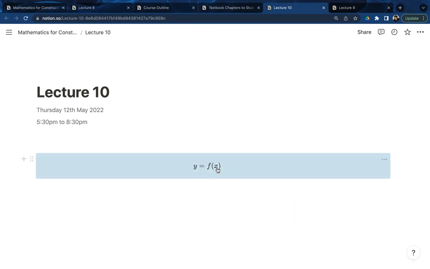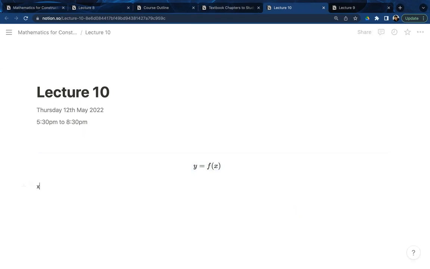So x is the independent variable and y is the dependent variable. Y is a function of x. That's really what the statement is here.